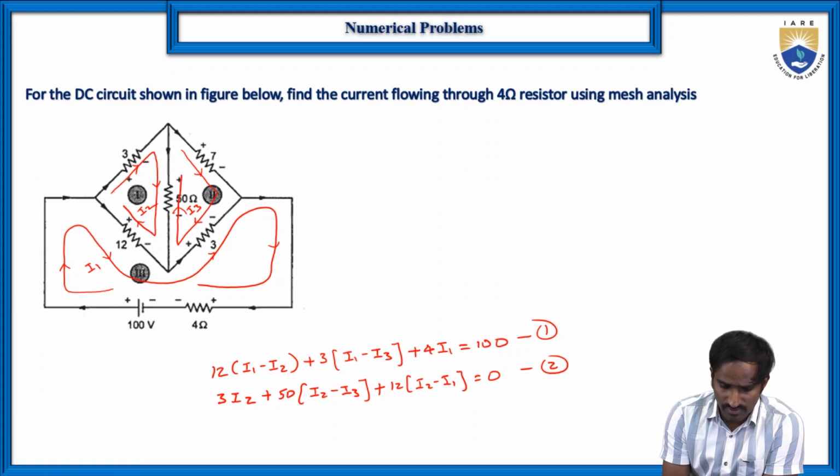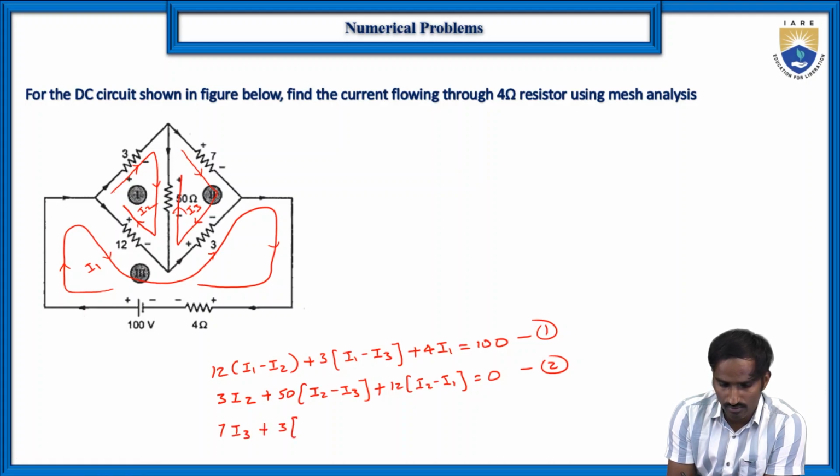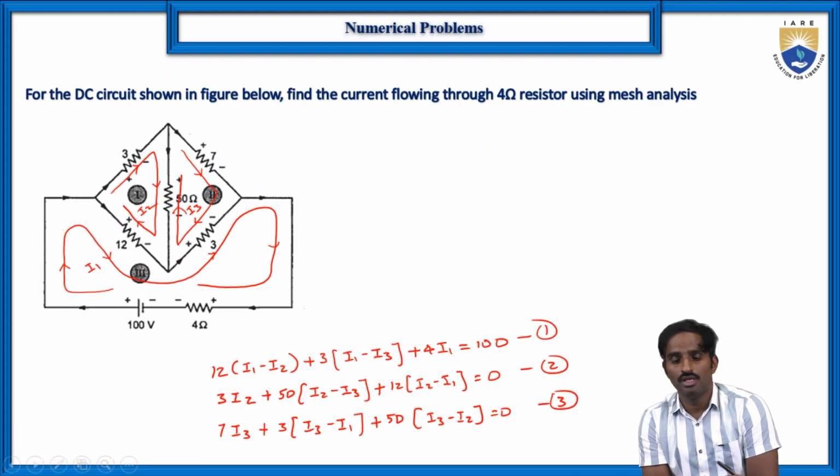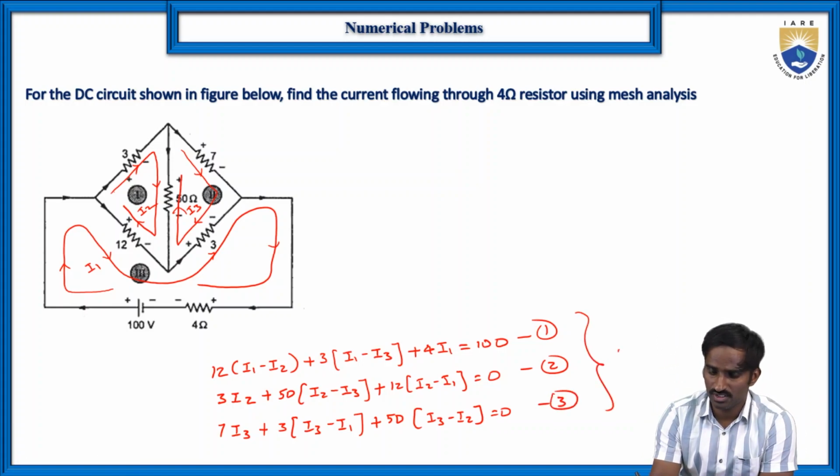Then coming to the third equation with respect to loop 3, let us start with 7 ohms. 7 into I3 plus 3 into I3 minus I1, because I3 and I1 are in opposite direction, plus 50 into I3 minus I2, which is equal to 0. This is equation number 3. So by solving these equation number 1, 2 and 3, we will get I1, I2 and I3 values.